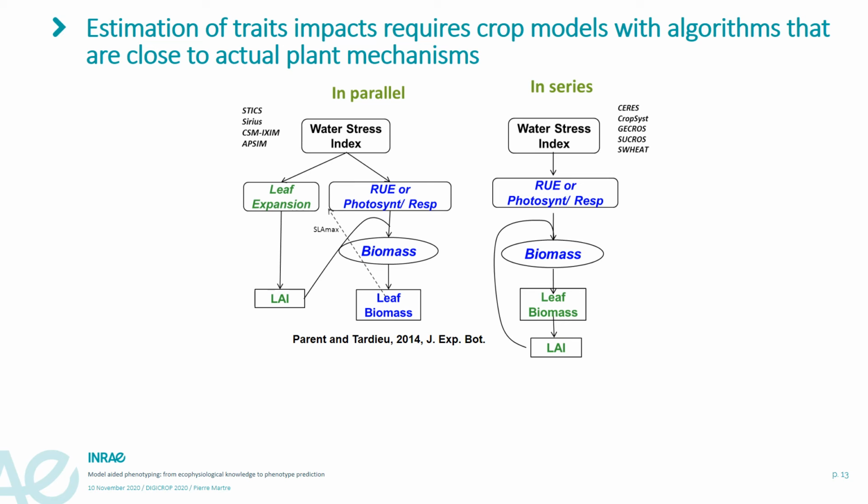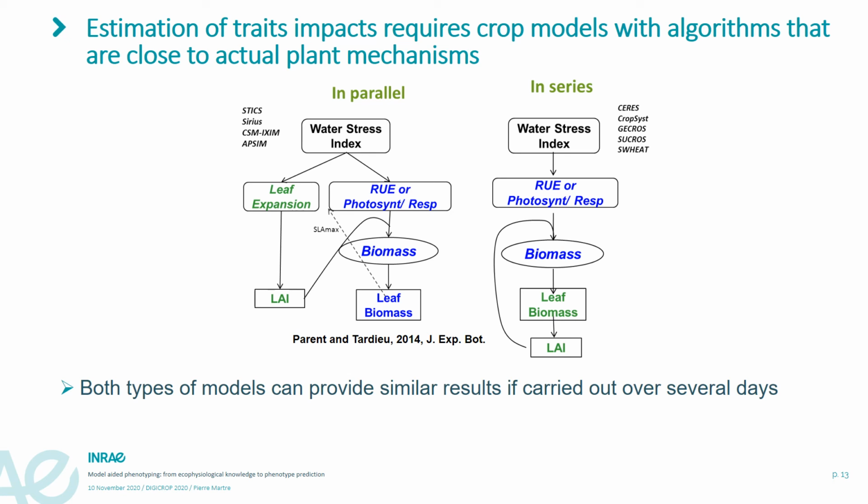I'm illustrating this using the classification of models for water stress response proposed by Parent and Tardieu, who classify models according to the way they respond to water stress: either in parallel, where water stress has an effect on leaf expansion and radiation use efficiency, or in series, where water stress has an effect on radiation use efficiency or photosynthesis, which then affects biomass production and in turn reduces the leaf area index calculated using a fixed specific leaf mass.